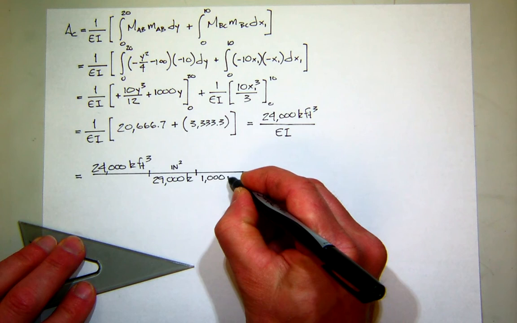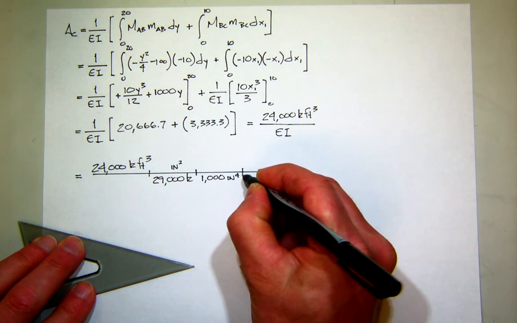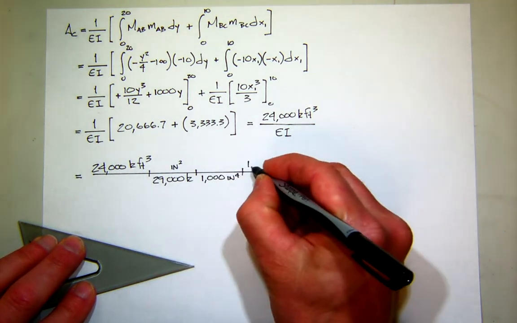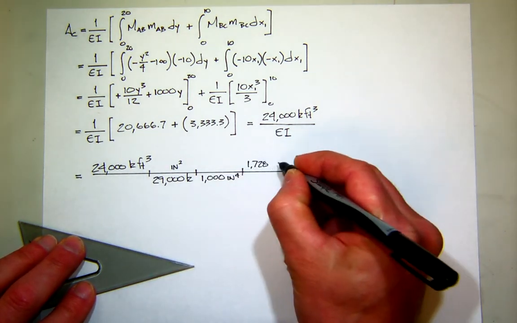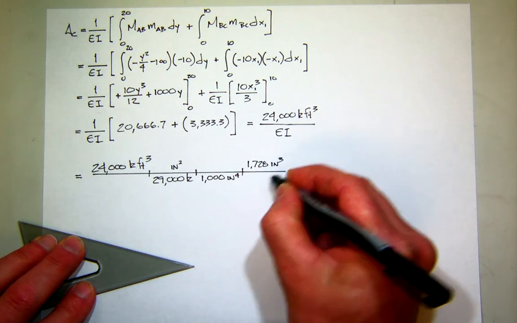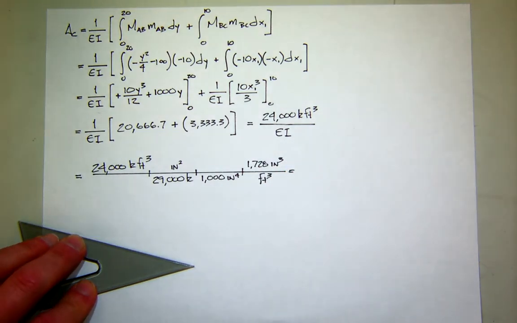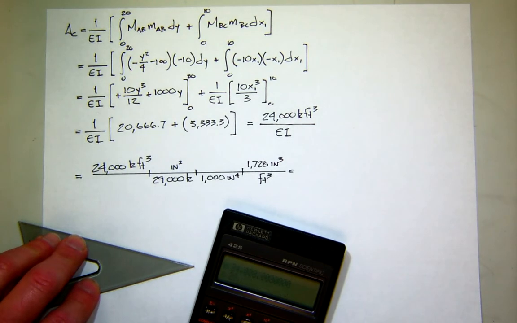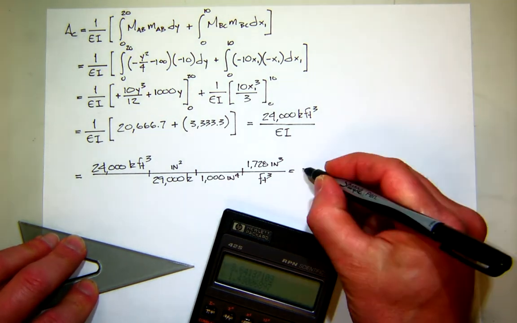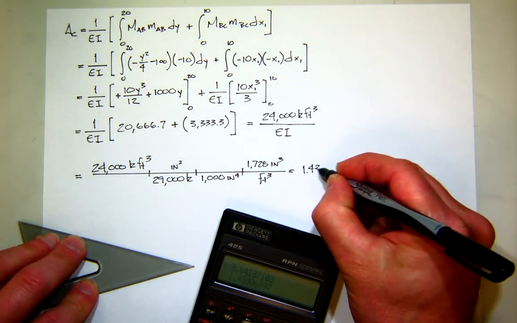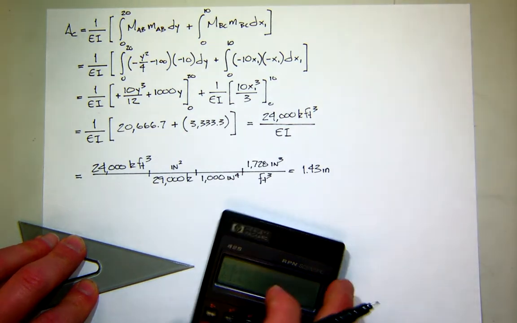Pretty healthy size section. And then the cubic feet would be 1728, or 12 cubed inches cubed per foot cubed. So let's see what we get for that. 29,000 times 1,000 times 1728, divided into the 24,000 feet cubed. I get 1.43 inches.